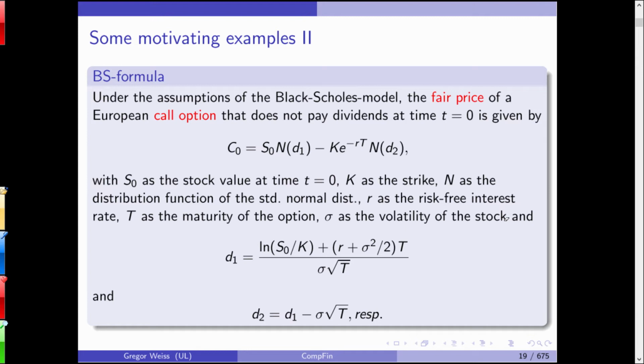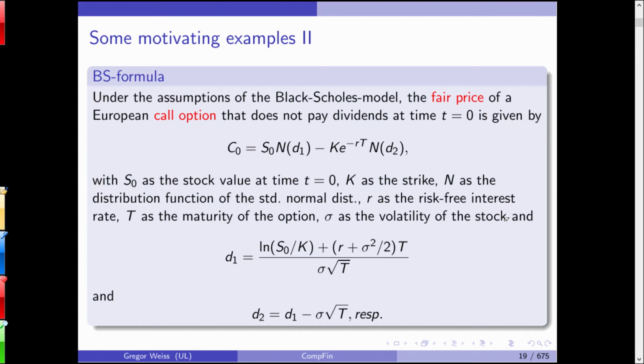So under the assumptions of the Black-Scholes model, the fair price, the arbitrage-free price of a European call option that does not pay dividends at time t is given by C0, the arbitrage-free price of the call option, equals S0, the starting price of the underlying, times the normal distribution at point D1, minus strike times exponential function to the minus rT power times the normal distribution at point D2.